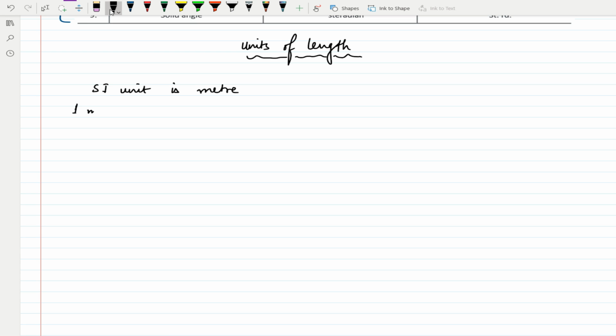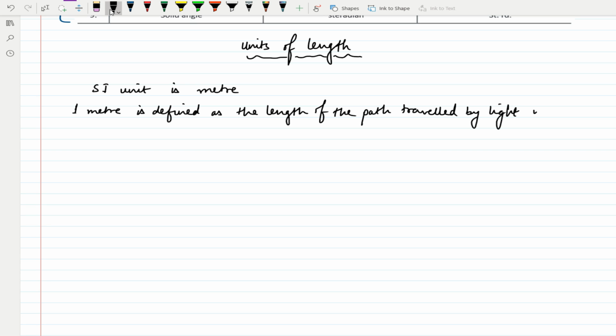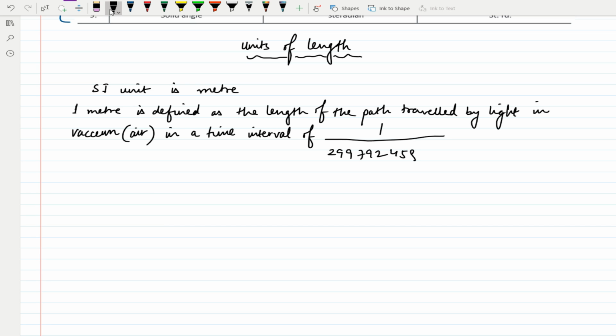So 1 meter is defined as the length of the path traveled by light in vacuum or air, you can write, in a time interval of 1 by 299,792,458 second.